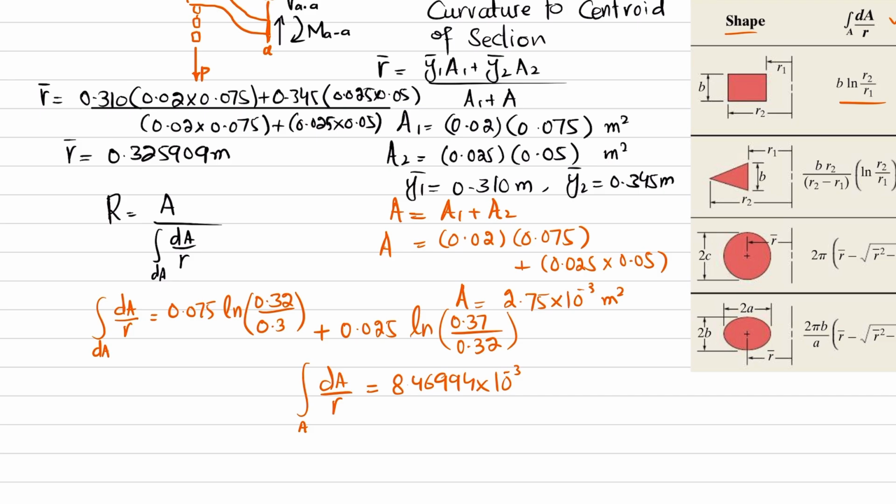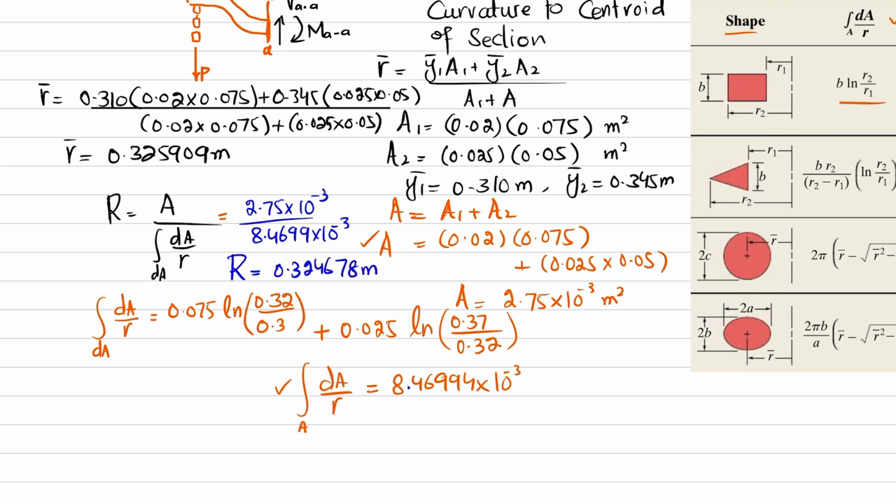Now you have the value of A and this integral, so just plug it into this formula: 2.75 × 10^-3 divided by 8.4699 × 10^-3. When you solve this, you will get R equal to 0.324678 meter.